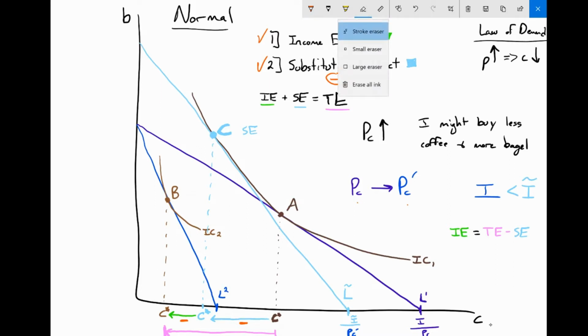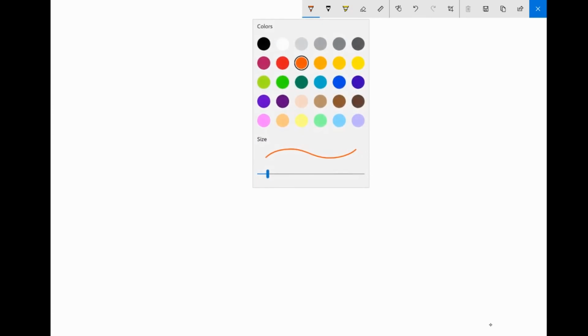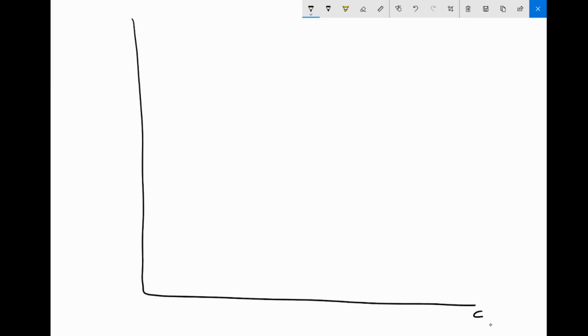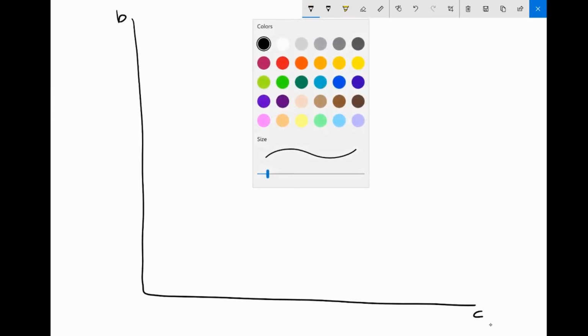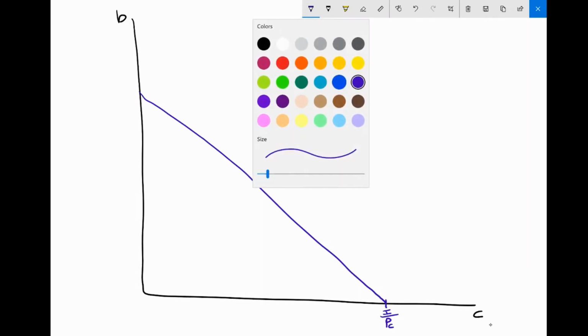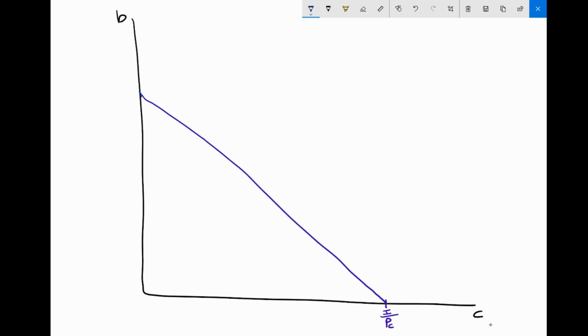All right, let's erase everything and start fresh. Same graph. We start off with this budget line, PC, and then the price is going to increase.